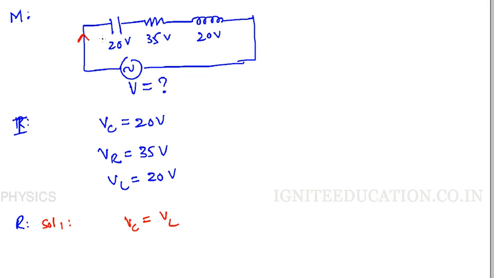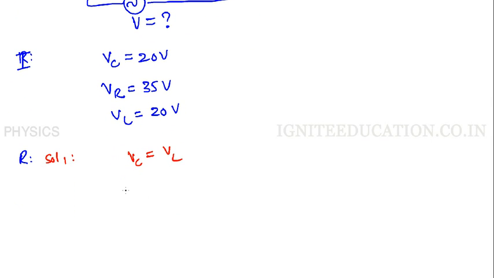That means the current passing through all these devices is the same. So if VC is equal to VL, then I can write I into XC equals I into XL. Assume that I is the current flowing through the circuit. At every element the current is the same, so I gets cancelled. XC is equal to XL.